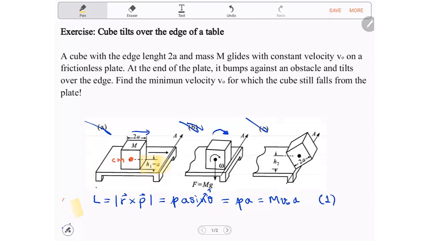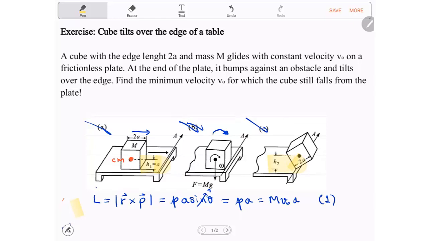Now if we go to the last part of the illustration, on part C, we can see that the distance between the center of mass and the table has changed, and it's not called H1 anymore. Now it's called H2, and I will highlight it as well. So we need to calculate.